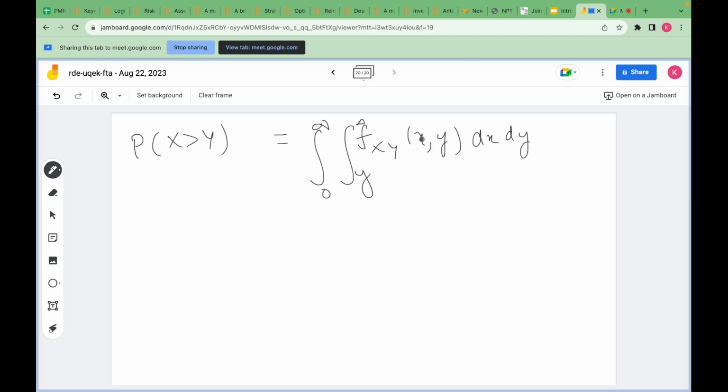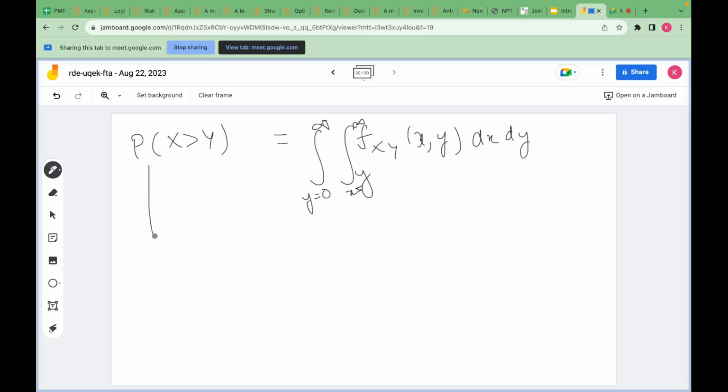Okay, because x is greater than y, so x will vary from y to infinity, and y is varying from 0 to infinity, so it is x equal to y and y equal to 0 to infinity.